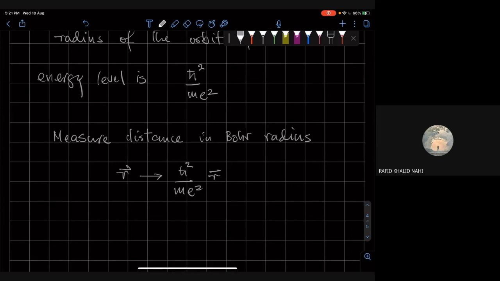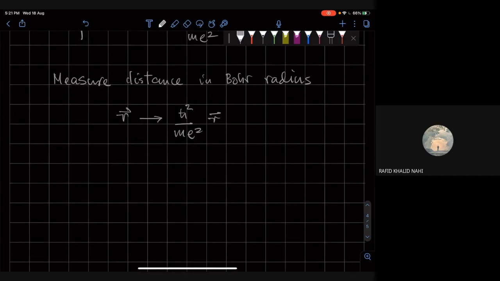So if I do this, then what do I get? In the first term, we had minus h squared by 2m, and then I had del squared. But del squared is inverse of this squared, right? So I'm going to get m squared e to the power 4 divided by h to the power 4 del squared of psi.